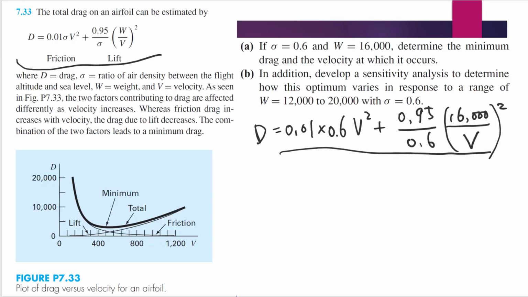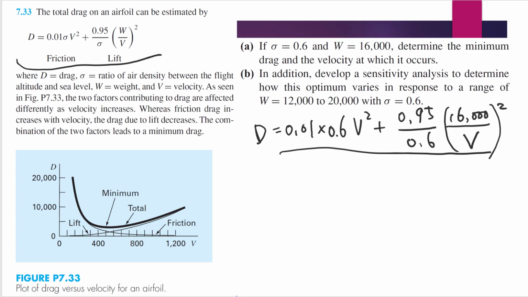So the problem B, in addition, develop a sensitivity analysis to determine how this optimum varies in response to a range of W values from 12,000 to 20,000 with sigma equal to 0.6. So we need to use fminbnd for different values of W in the range of 12,000 to 20,000.